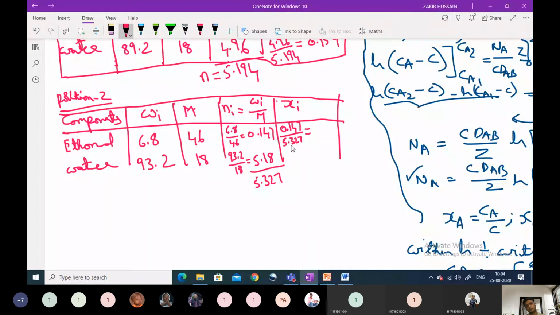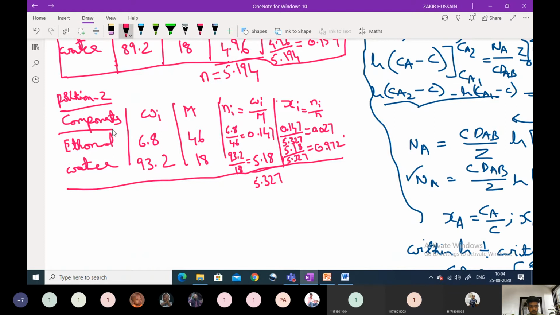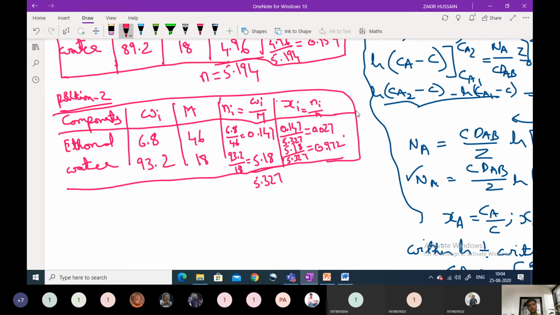So 0.147 divided by 5.327 is 0.027. Now 5.18 divided by 5.327, individual moles by total moles, is 0.972.